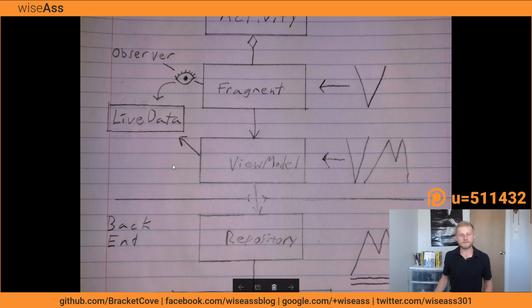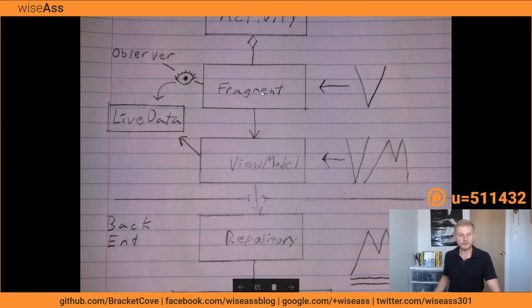So just to summarize the question, what is the difference between Model View Presenter and Model View View Model? At the most fundamental level, the view model is not allowed to talk directly to the fragment. It has to talk to it through indirect means, which in Android now with Android architecture components is best achieved, I would say, through live data or RxJava.